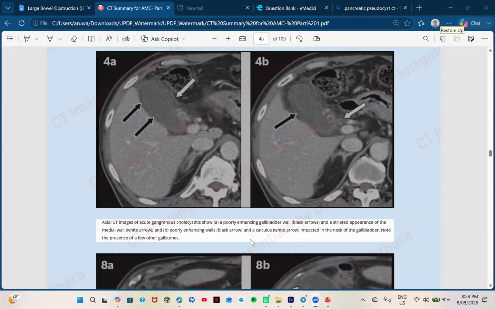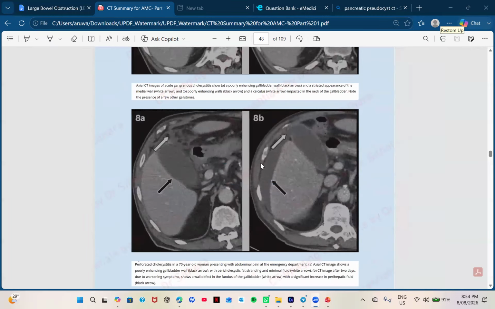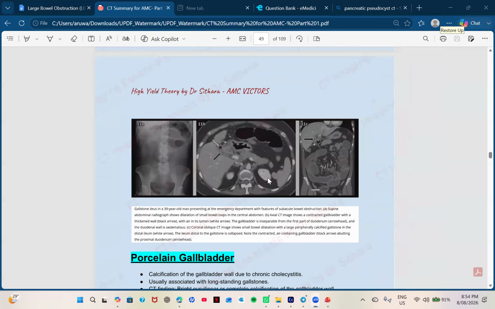Because this is gangrenous cholecystitis, with a striated appearance of the medial wall, the white arrow, and a poorly enhancing wall, black arrow, and a calculus, white arrow, impacted in the neck of the gallbladder. Yes, here you can see the wall and the impacted gallstone like this. These are some examples I got from the internet.